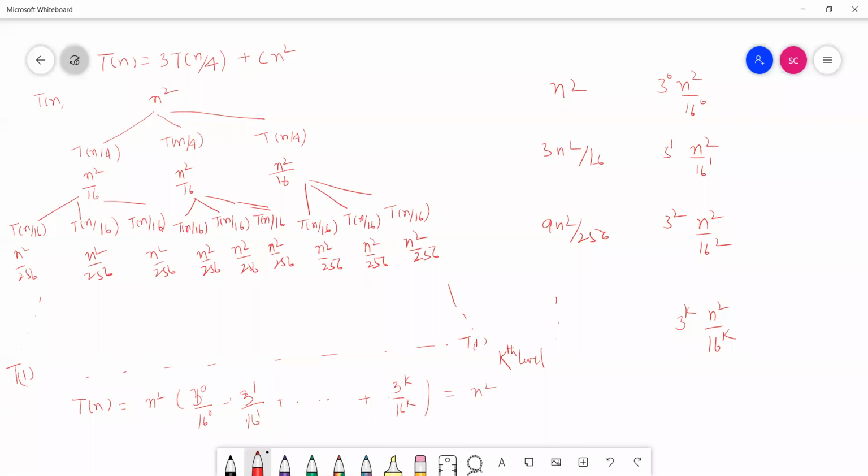This can be written as n square times 3 upon 16 to the power 0 plus 3 upon 16 to the power 1 plus ... 3 upon 16 to the power k.